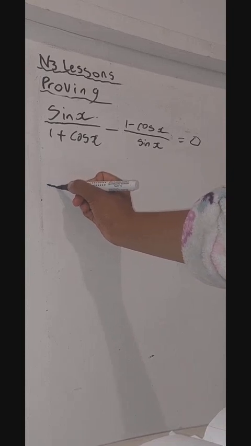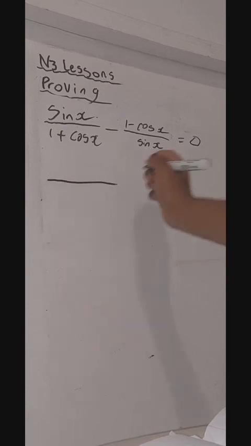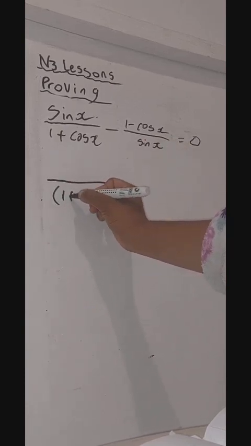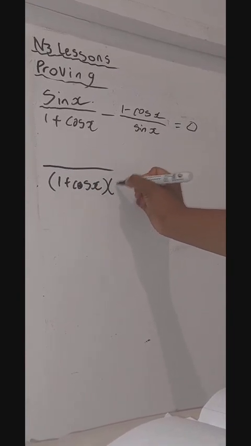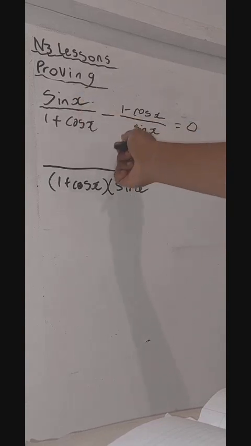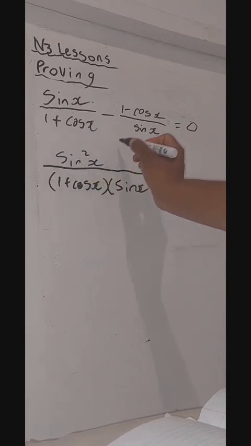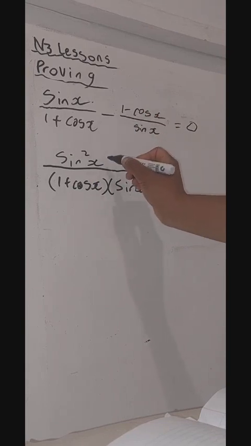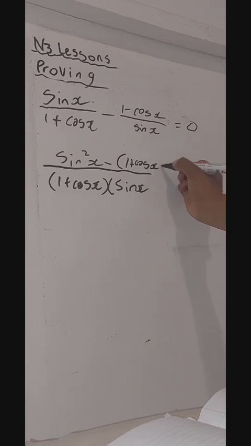I'm going to multiply everything: 1 plus cos x times sine x, and that means you multiply this by this, so it's going to be sine squared x, minus this times this, which is 1 plus cos x, times 1 minus cos x.